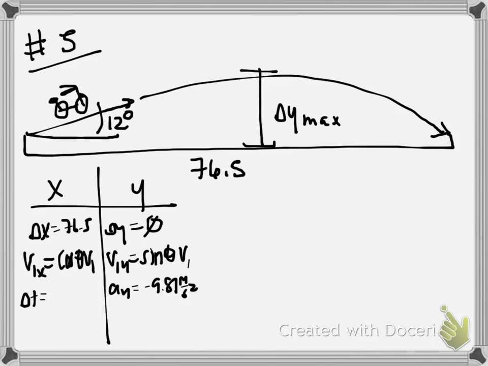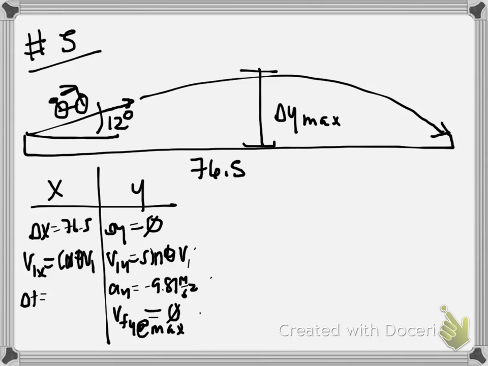So what we want is the maximum height of the jump. At the max, we know VFY drops to 0. So do we have something that connects the IY, the FY, A on the Y, and delta Y?